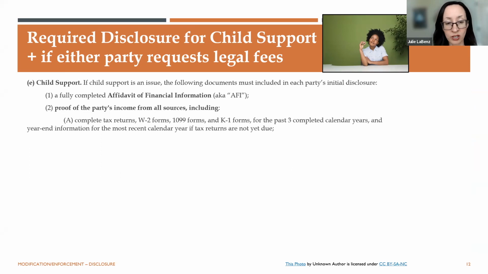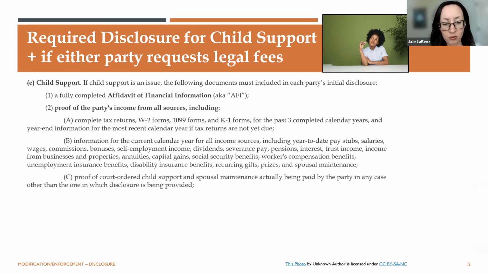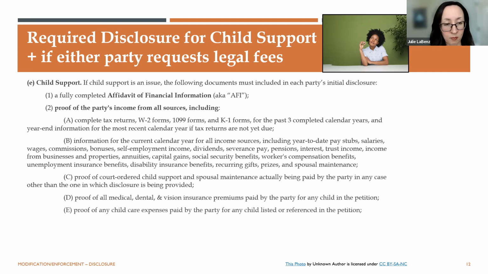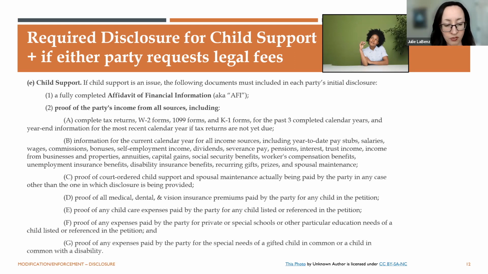So tax returns and related tax documents from the past 3 years, information about all sources of income, proof of court-ordered child support and spousal maintenance actually being paid in any other case, proof of medical insurance coverage for the child involved in the case, proof of childcare expenses, proof of expenses paid for private or special schools or other particular educational needs, and proof of any expenses paid for special needs or gifted children in common to the parties.